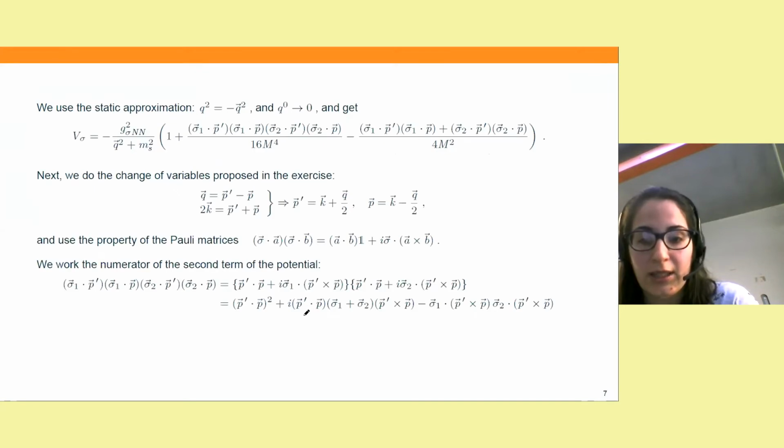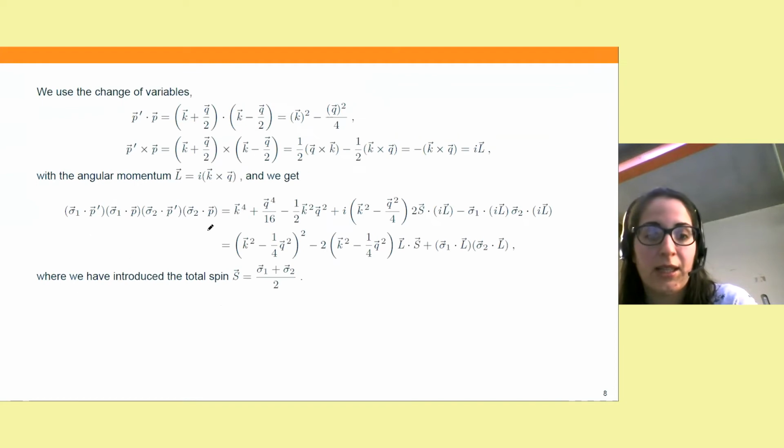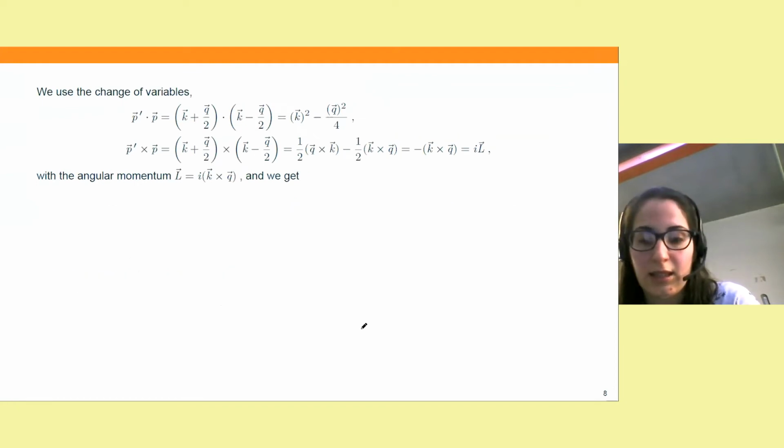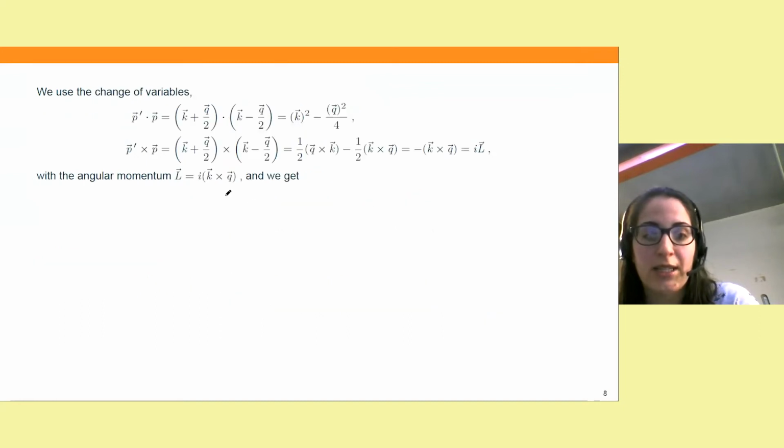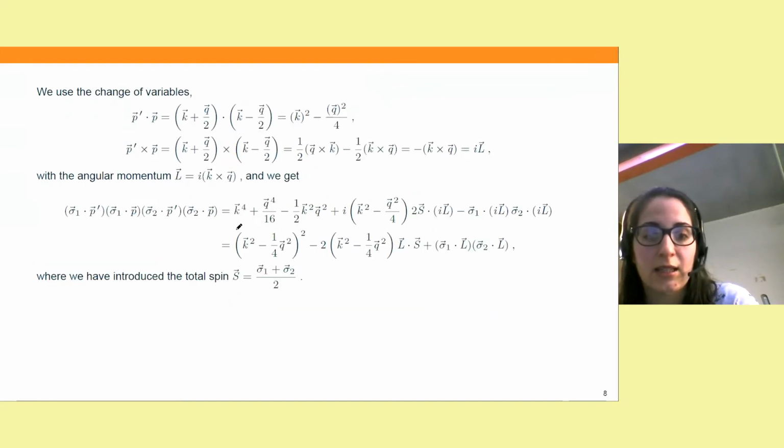We had this expression here, and we can identify the P times P prime times P square. It's just K to the 4 plus this here, okay?